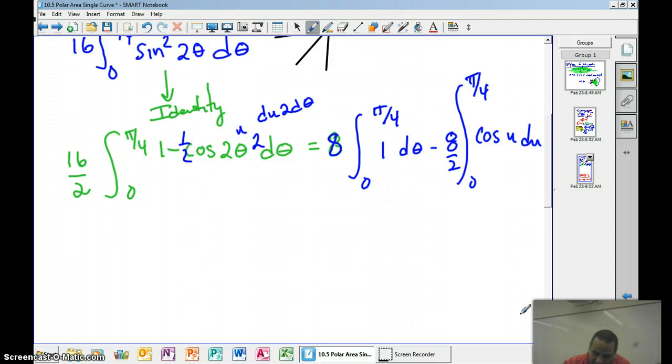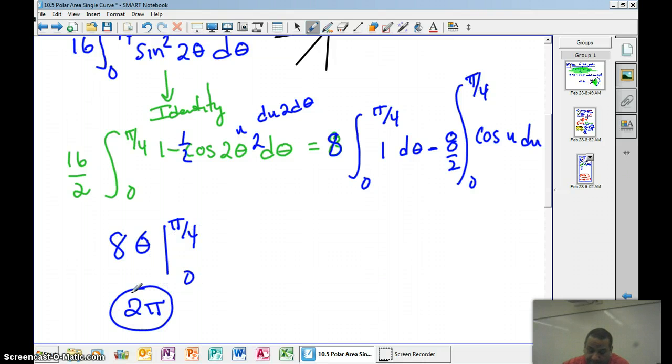All right. Now, we'll do the first one. First one looks pretty good. It's going to be 8 theta evaluated at pi over 4 and 0. And now that's going to be 2 pi. When I put in pi over 4, I get 2 pi. When I put in 0, I get 0. So that whole one is 2 pi. Now over here, which is going to be minus 1/4.